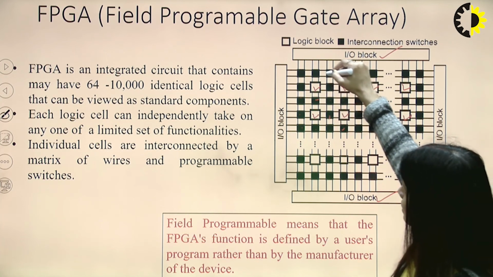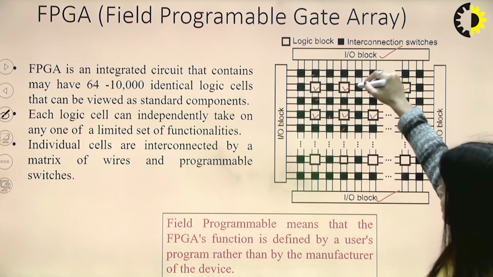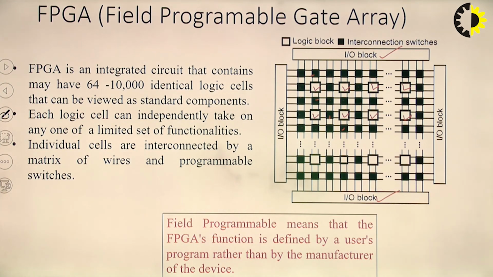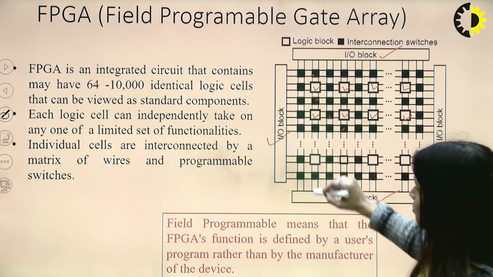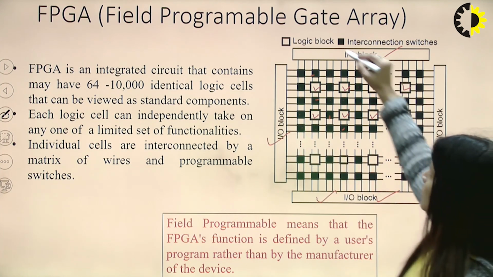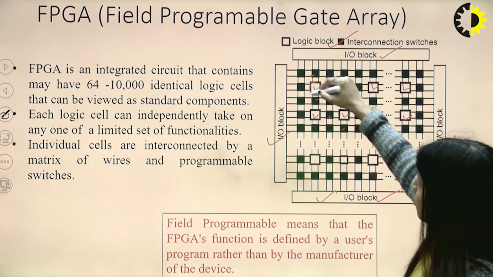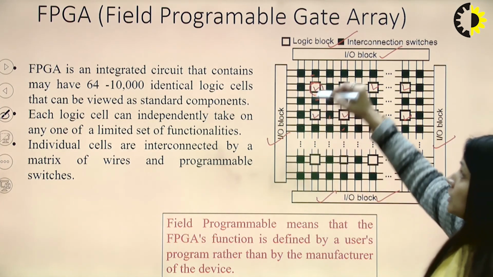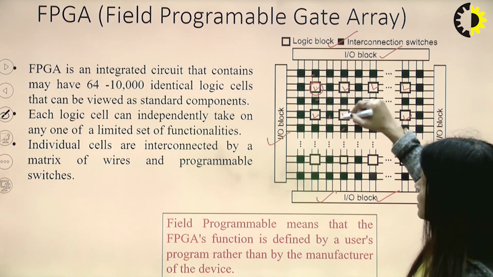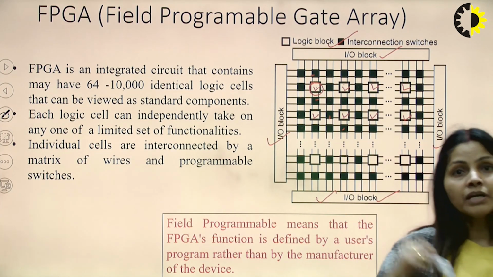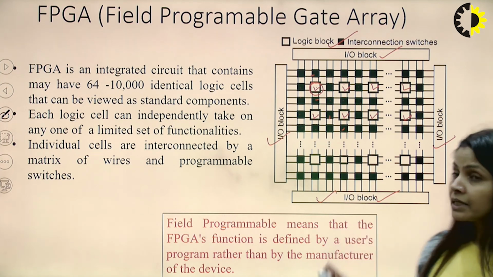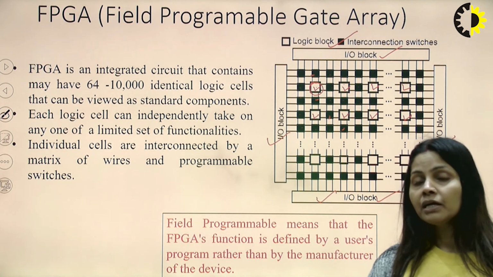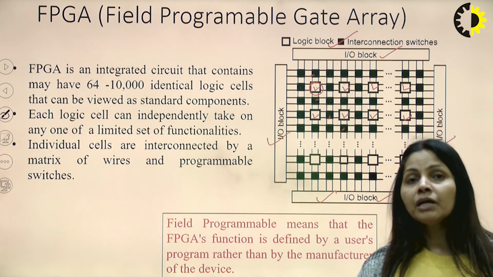These dark, filled black squares are nothing but the connectivity between the logic blocks, and these are connected to the input output blocks. These logic blocks are the same: this circuit is the same as this circuit. That means we are repeating the blocks and interconnecting them in such a way that our application can be fulfilled.